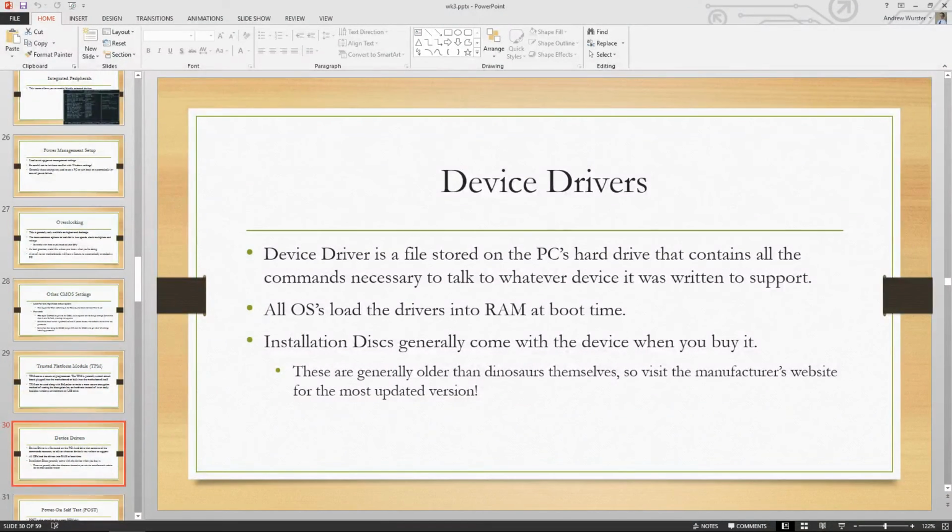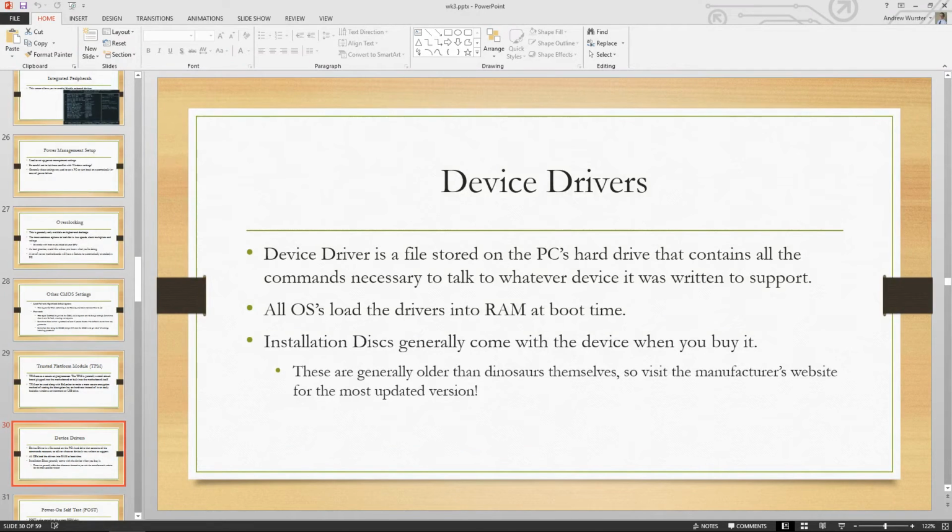So device drivers are stored on the hard drive. They contain all the commands necessary to talk to whatever device they support. There's a driver for pretty much everything, from your audio to your video to the mice. It's generally built in for most things, but anything special, like a graphics card you buy to add a little beefiness to your PC, will definitely need a driver from the manufacturer, and they have the newest ones on their website.